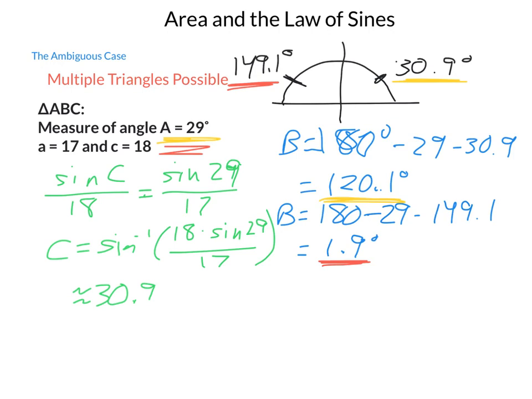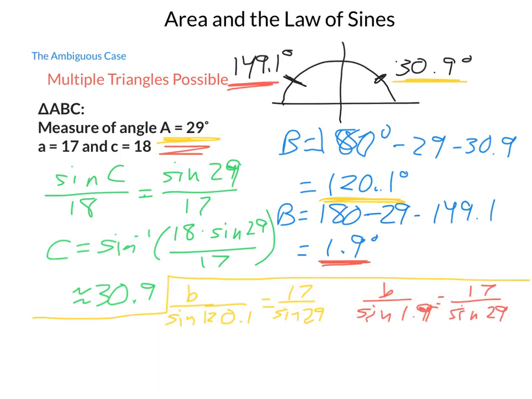So what I would need to do now is to run my law of sines for both of these situations. Angle B being 120.1, how long would side length B come out? If angle B is 1.9 degrees, how long would side length B come out? So in either case, our setup would look like this for our two different situations, that B over the sine of the 120.1 would equal 17 over the sine of 29.